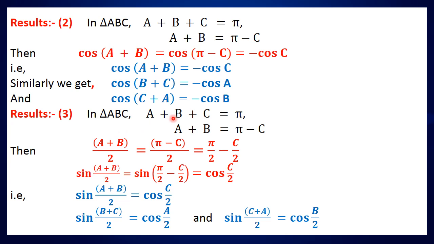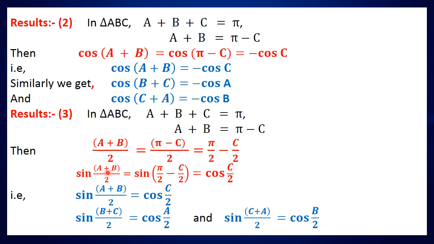Third result, A plus B plus C is equal to pi, then A plus B is equal to pi minus C, and then we divide both sides by 2, that is A plus B by 2 is equal to pi minus C by 2, that is pi by 2 minus C by 2.